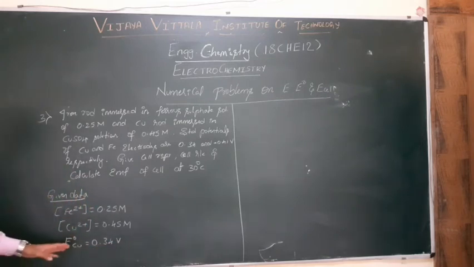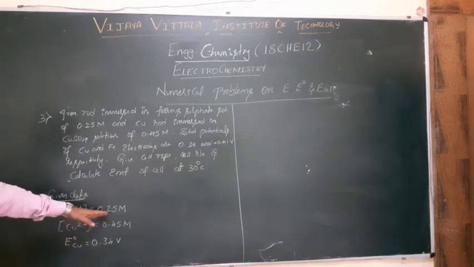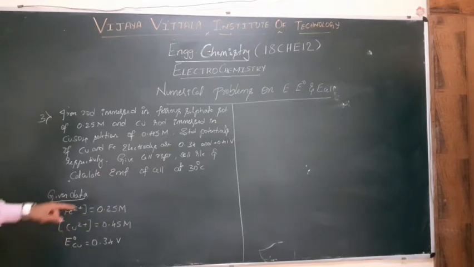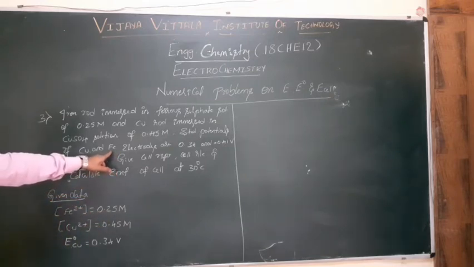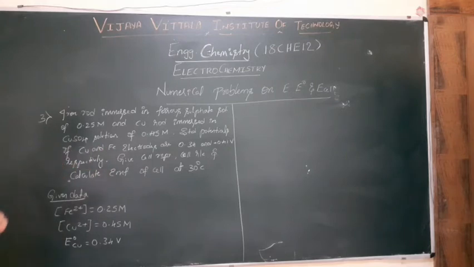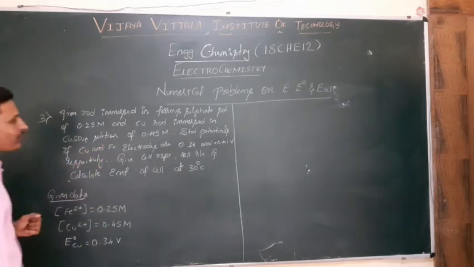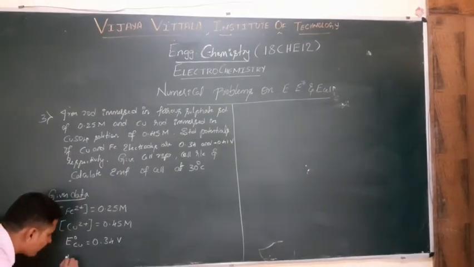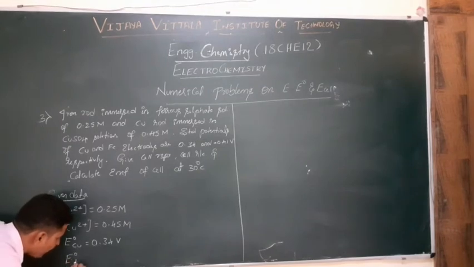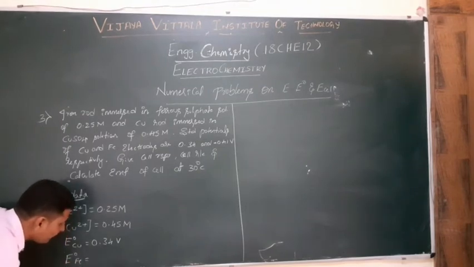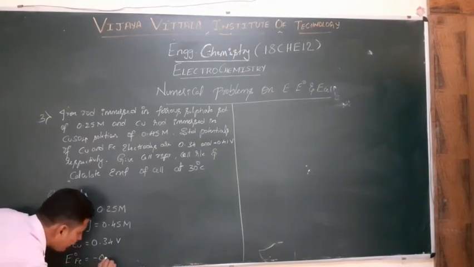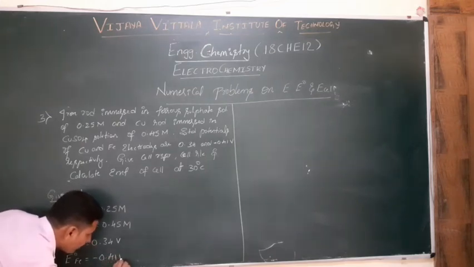The unit of potential is volt, and for concentration we generally take molar. And the standard electrode potential of iron is given as minus 0.41 volt.